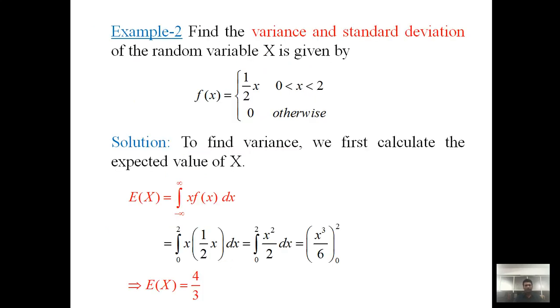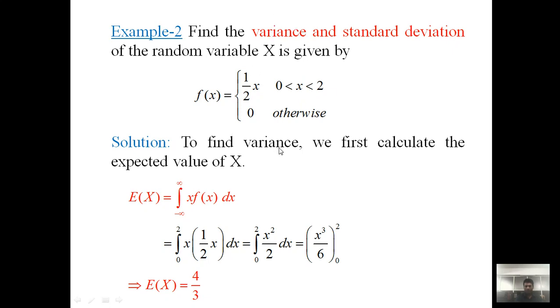Let's see one more example. Find the variance and standard deviation of a random variable X whose density function is given by f of x equal to x by 2 when x lies between 0 and 2, and the density function takes the value 0 in the rest of the interval. Again here we are interested to find the variance.